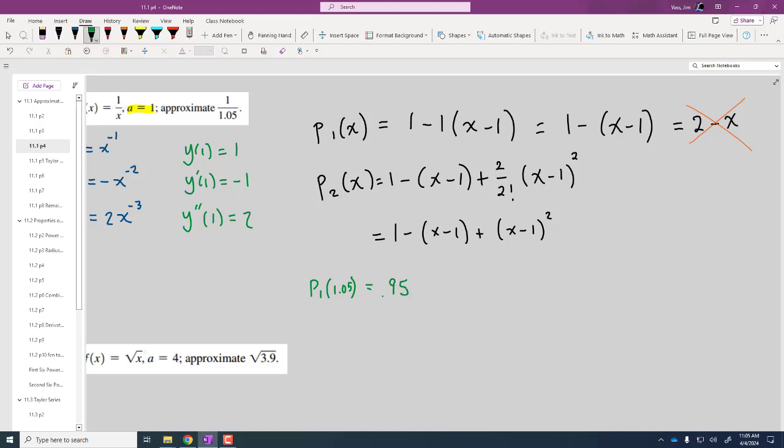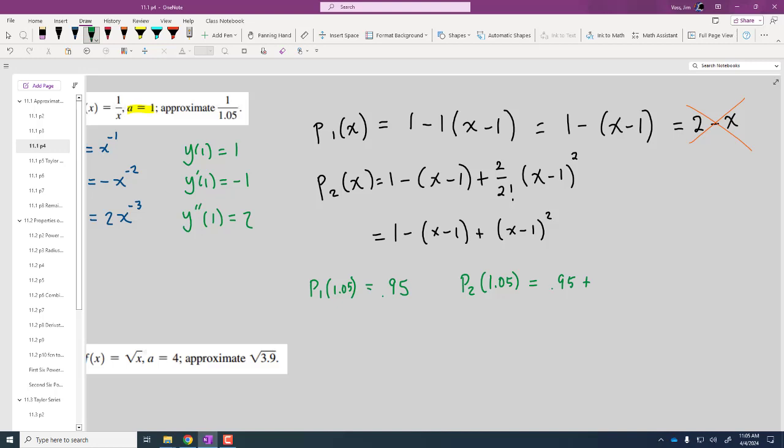And if we do p sub 2 at that x value, we plug in, this is the linear one right there, so you already have that value, 0.95, and then we're going to add 0.95 minus 1 is 0.05. It doesn't matter that it's plus or minus because we're going to square it.